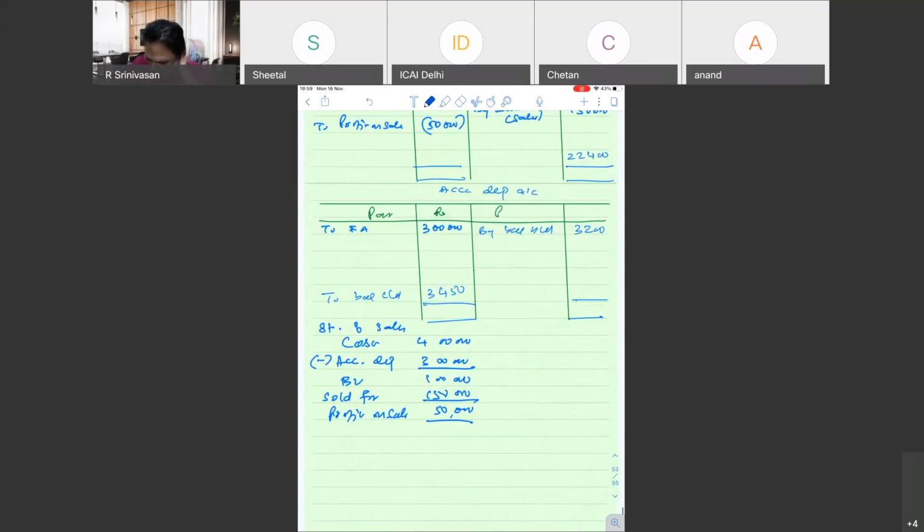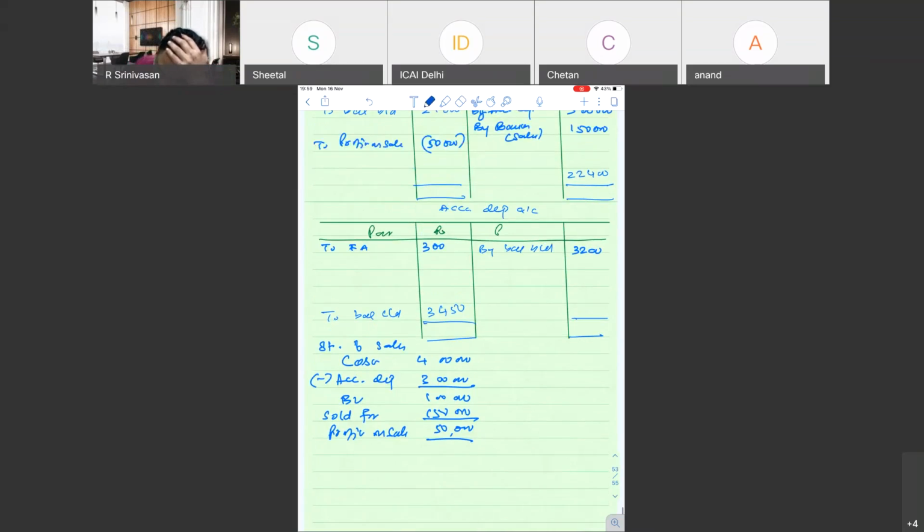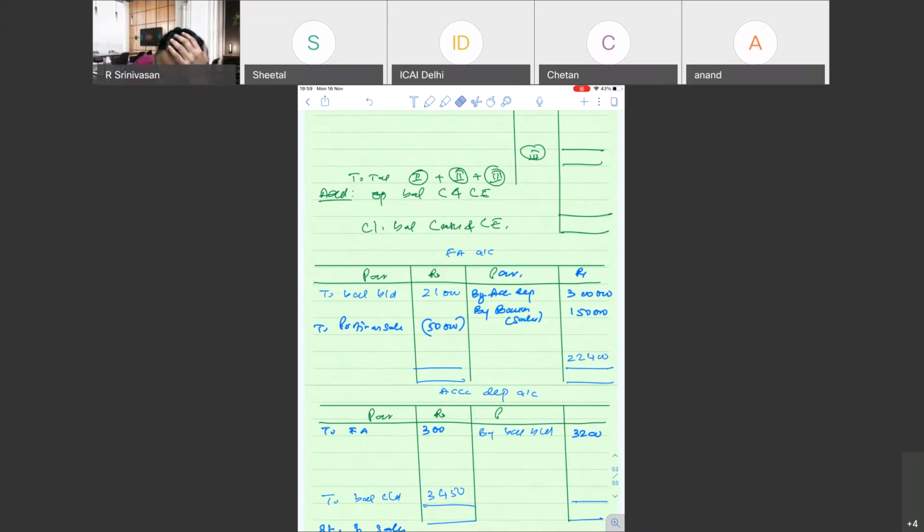Depreciation has come. Now close this. So this is 3 lakhs; I have to write this as 300. This is 3,200. Here also I have to write 300, 150, 50.